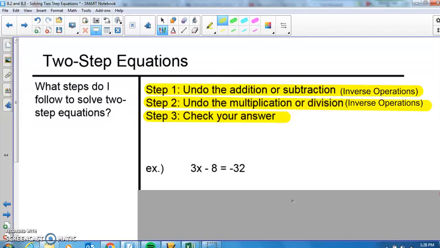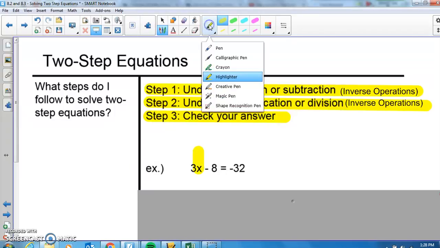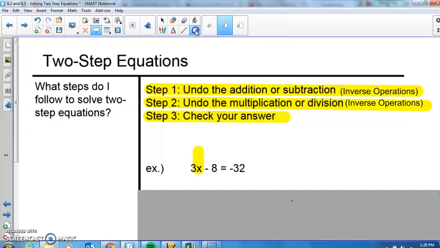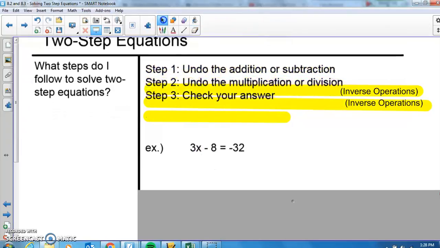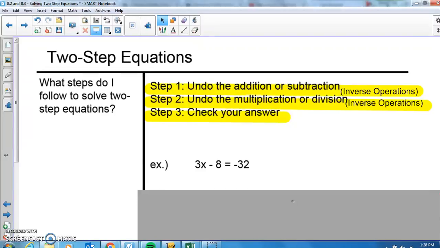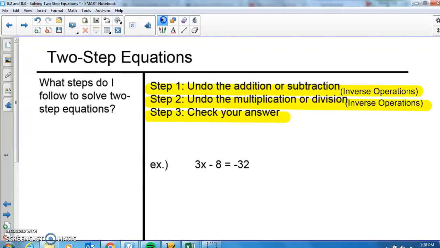Alright, so let's take an example. If we have 3x minus 8, you're going to notice with this problem, it looks a little bit different than what you had yesterday. So, if we take this particular problem, 3x minus 8 equals negative 32, first thing I'm going to do is undo the addition or subtraction. There is a minus 8, so I want to use the inverse operation.